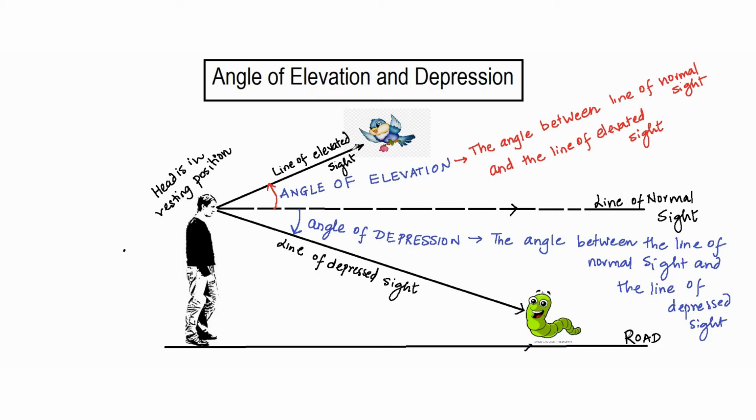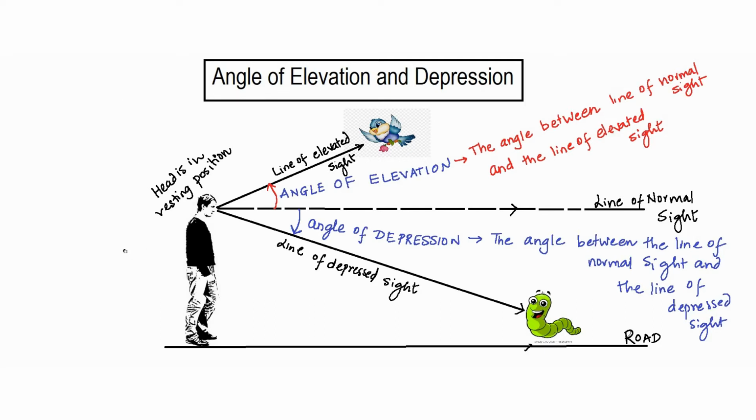Please note that angle of elevation and angle of depression are both measured with respect to the line of normal sight. So let me leave you with this picture for about a minute, and then I'm going to take up some word problems and we will try to draw a diagram with respect to that word problem.